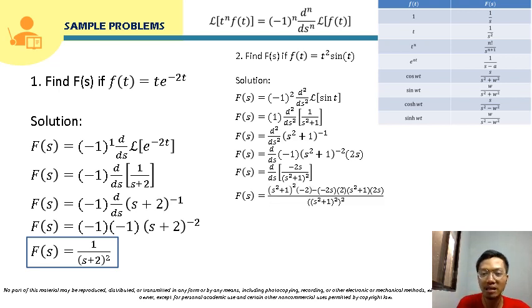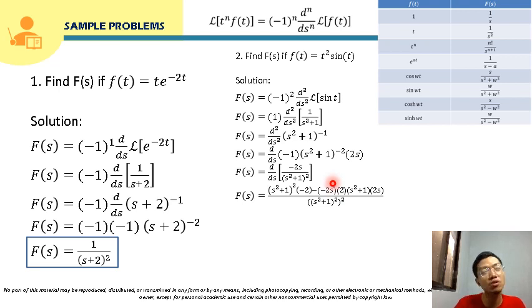So we will apply that here. So this will now become v du. Our v here is s squared plus 1 squared, and our u here is negative 2s. So v times the derivative of u, and the derivative of negative 2s is negative 2.